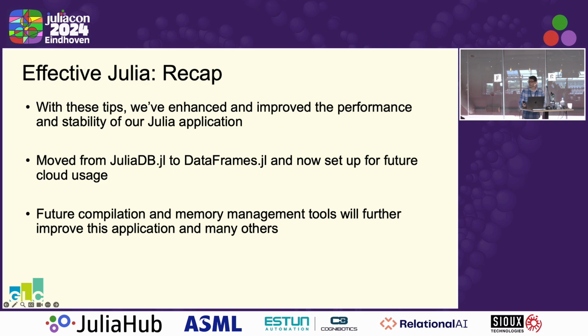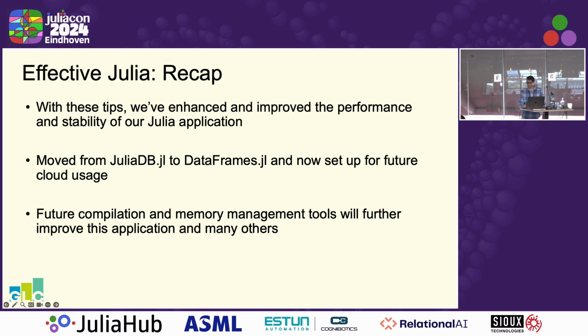And I expect as future compilation and memory tooling becomes available in Julia, it'll get even easier to create really heavy data applications that are also performant and stable. So these are tips that have worked well for us, and they will continue to work well for other applications.